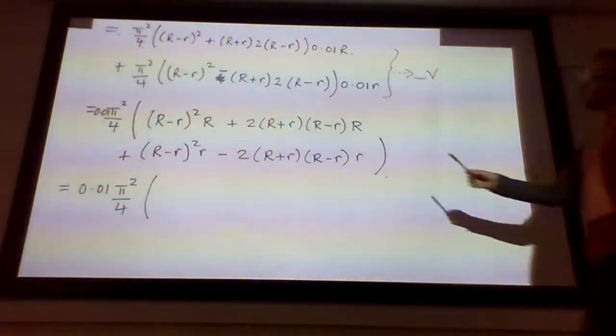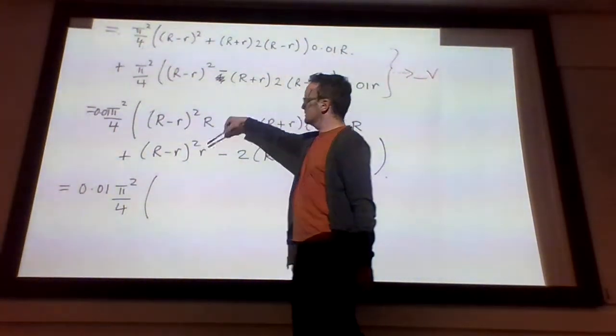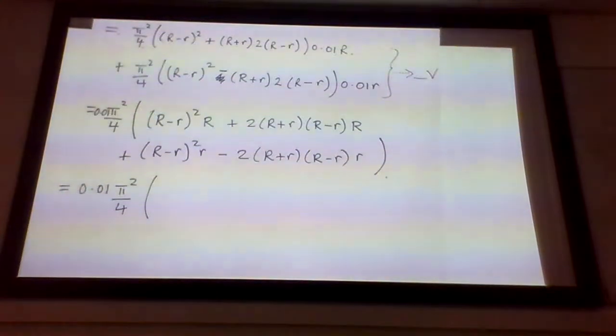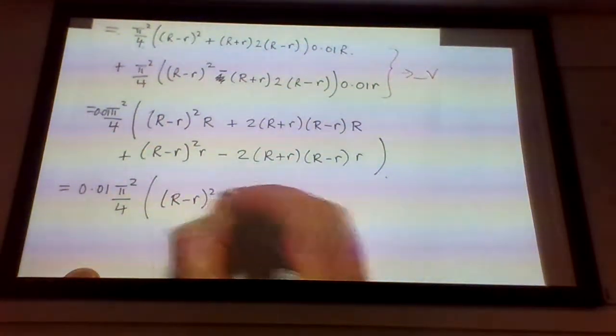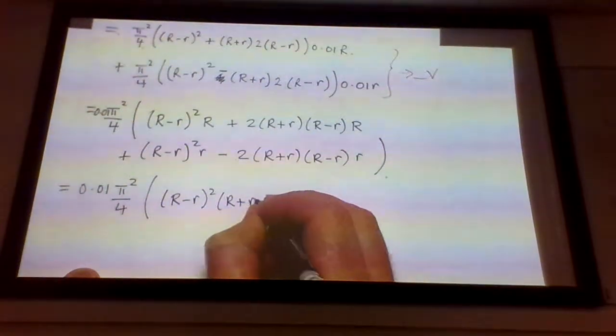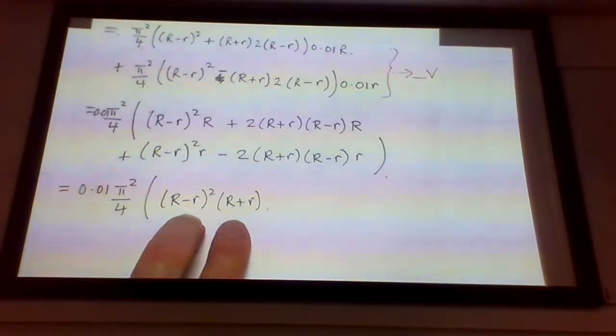If we bring these (R minus r) squared terms together and factorize them, they're multiplied by the sum R plus r. That's good, because that's then part of v.